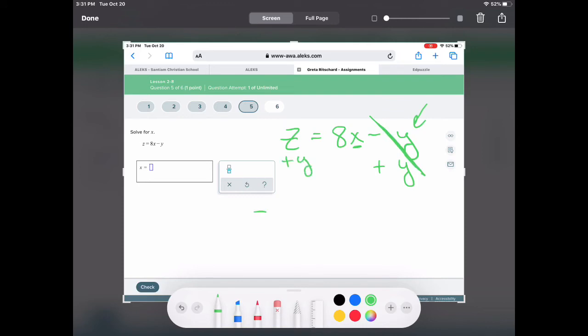So we just have z plus y equals 8x. We're not quite there yet. And then watch this. Don't sweat it. We're just dividing by 8. And we're going to divide the entire thing by 8. And then just leave it the way it is. So flip-flop that around. X equals, on the top, z plus y, and on the bottom, 8.